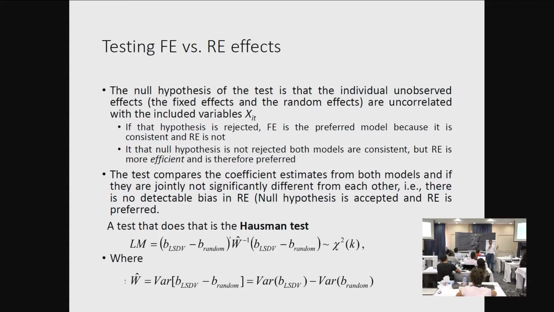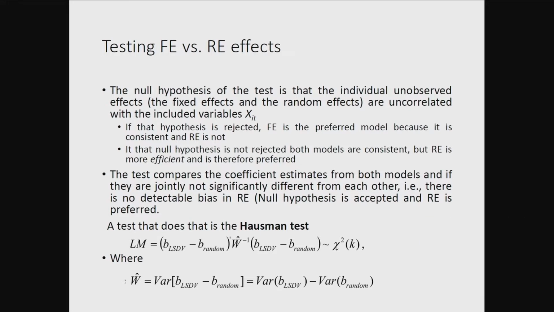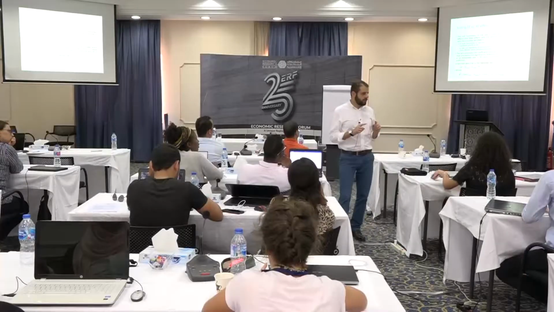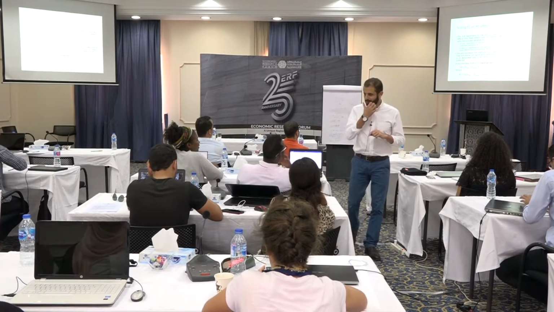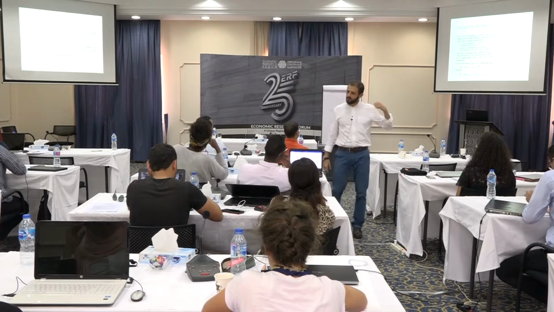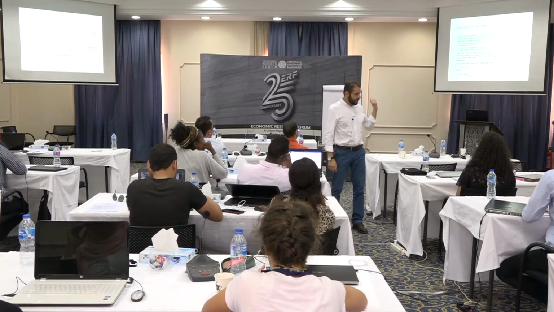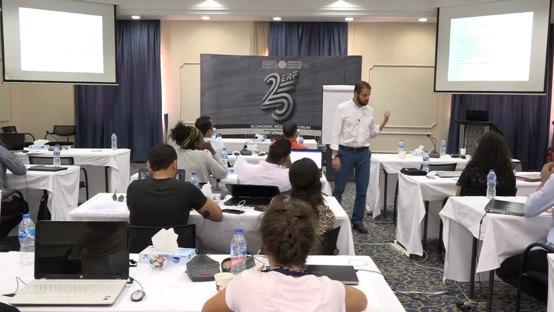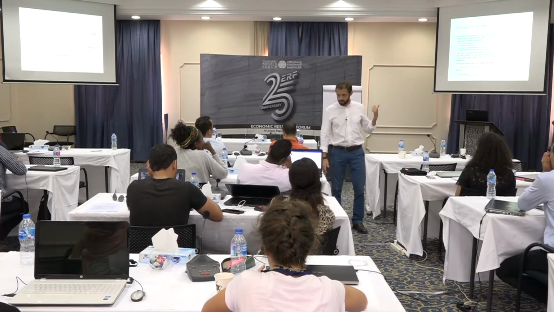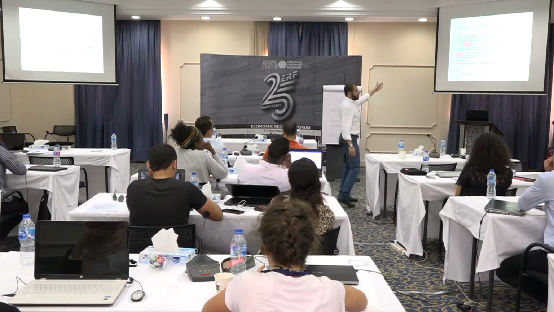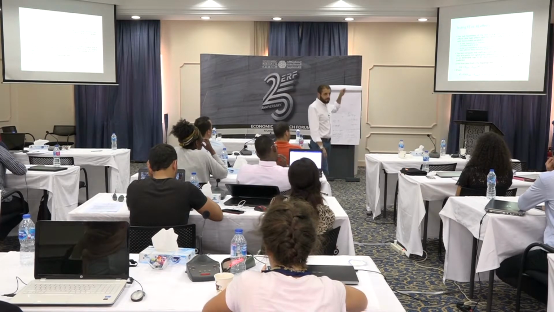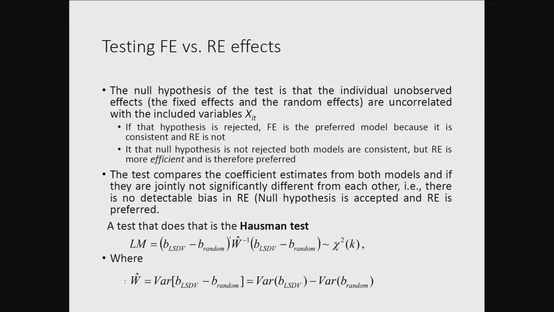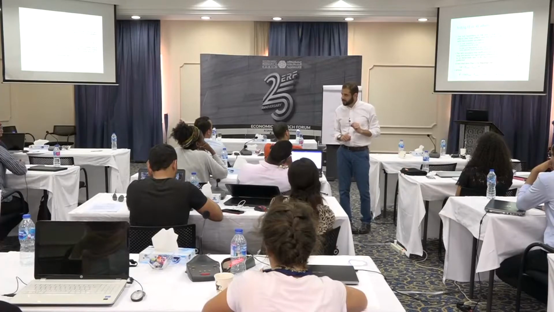It's always very difficult to locate which is the null hypothesis and alternative hypothesis. But here, the null hypothesis is that my individual characteristics are uncorrelated with the included variables x_i, which are the explanatory variables. So if I reject this, this means that they are correlated.